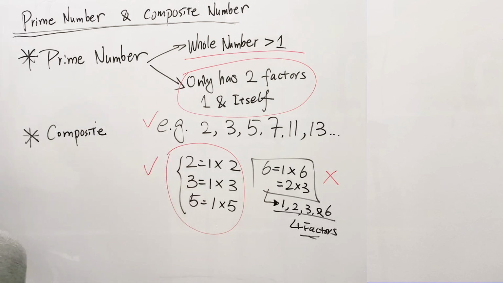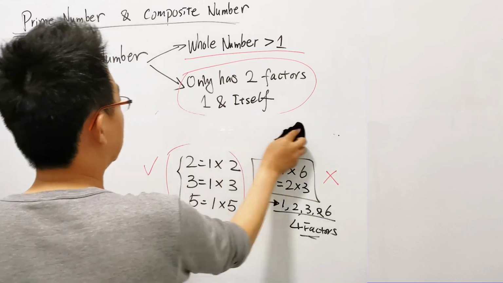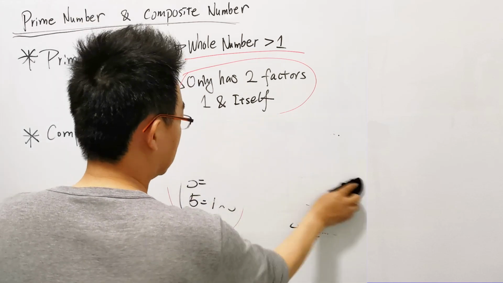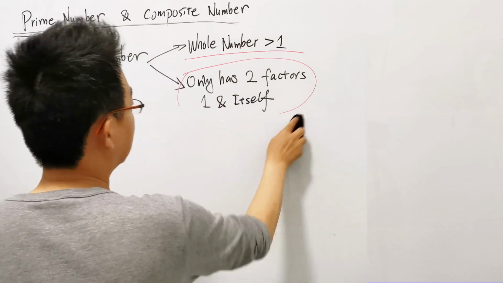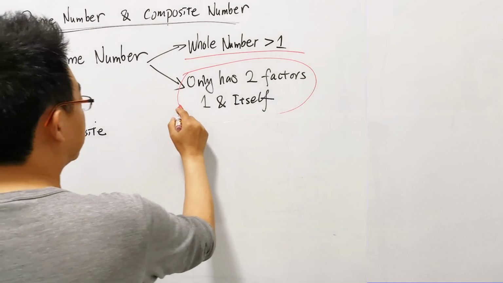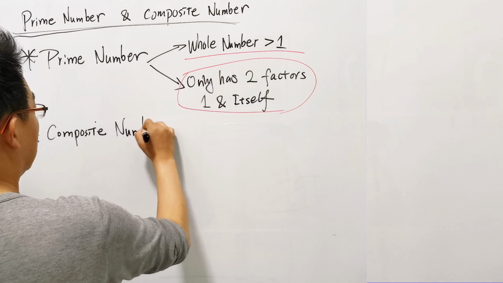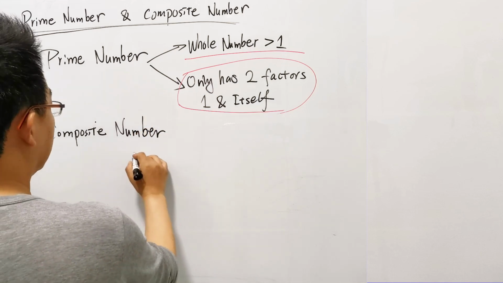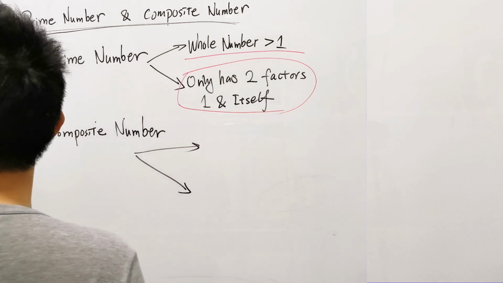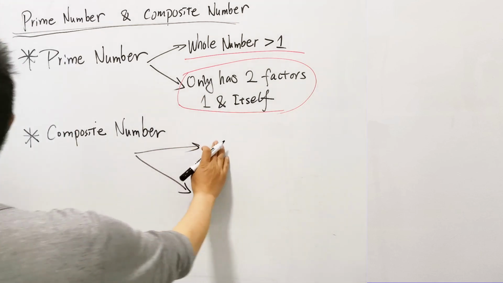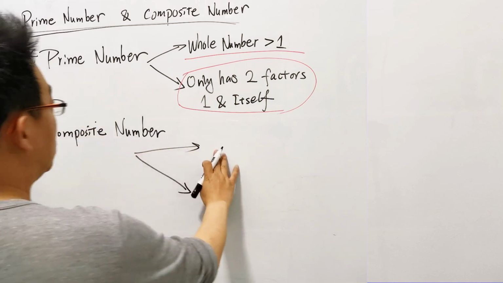On the opposite side, we have another number. The opposite number also has 2 definitions.